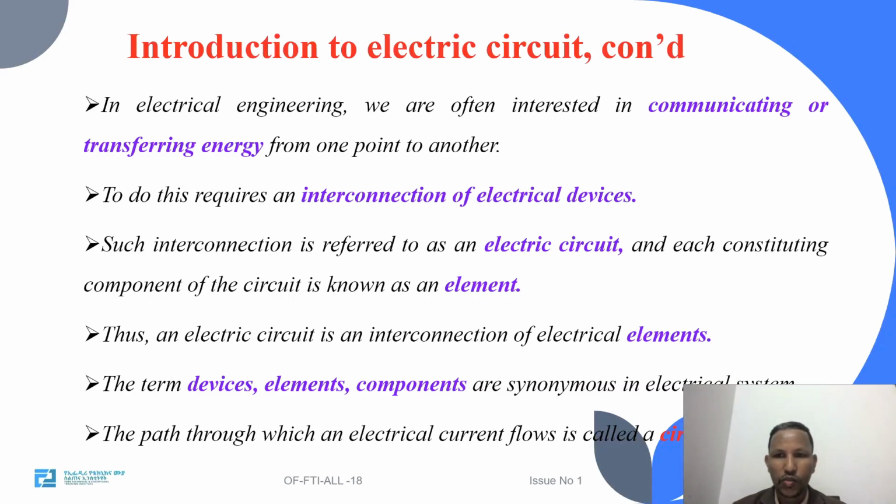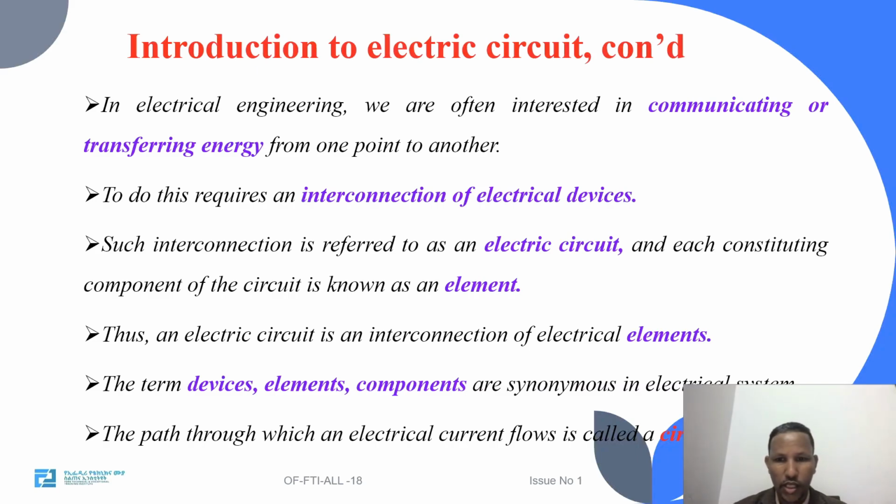And also there should be energy transfer from the source side to the energy consumption side, or the load side. So between the source side and the energy consumption point, or the load, there should be a media that connects the source and the load. This media is basically the interconnection of electrical devices, which we call an electric circuit.